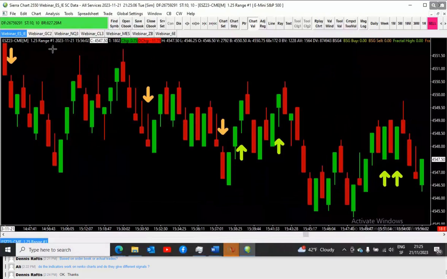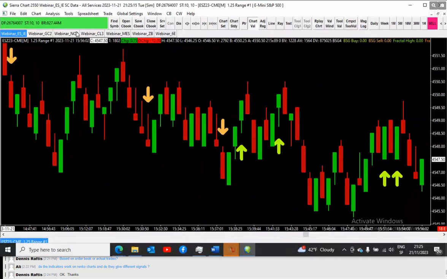And this again gives the intern trader, the novice trader, some confirmation about where price is likely to go. And again, it's looking at whether a particular low or high is going to be broken.